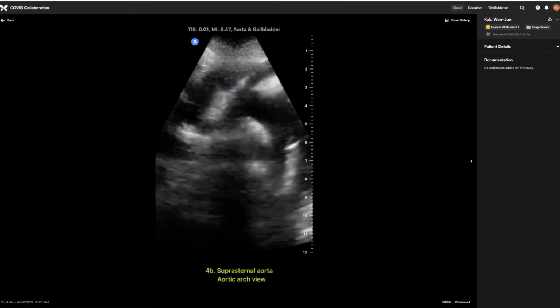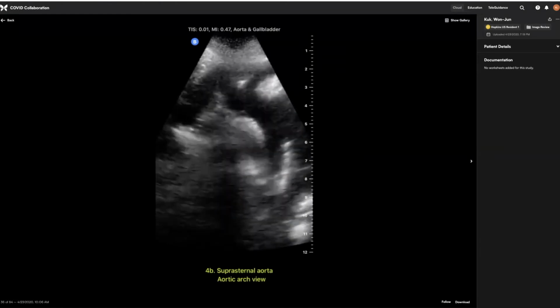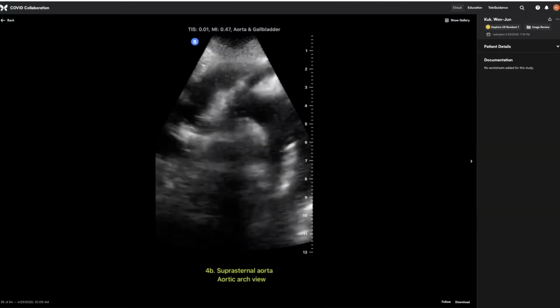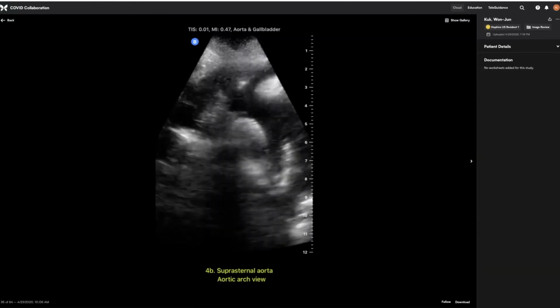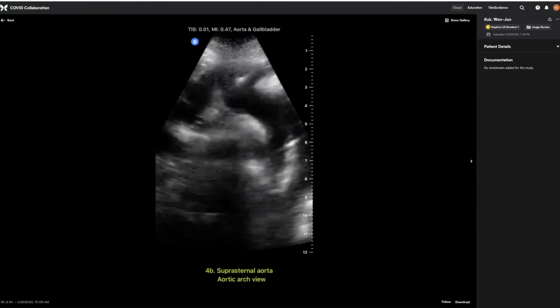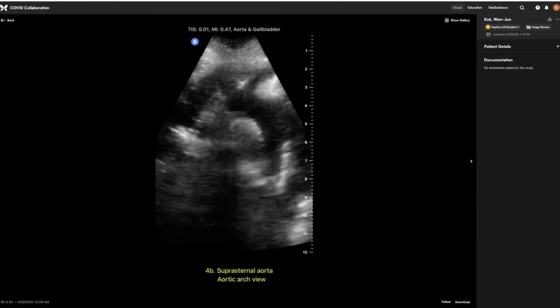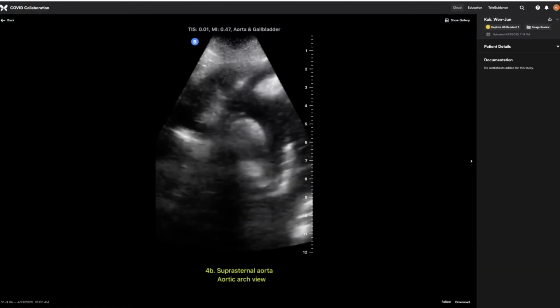It's really not a common view that we get, but for us in the ED, we try to find this particularly in patients with migratory neurologic symptoms, or stroke-like symptoms, in combination with hypotension and back pain or chest pain. This is a view that we sometimes try to get.